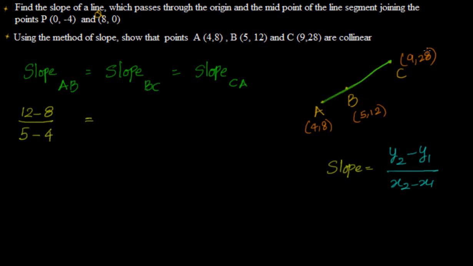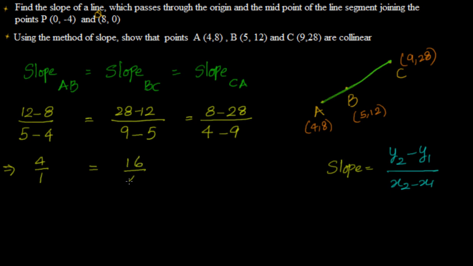Let's go to slope of BC. BC is 28 minus 12 divided by 9 minus 5. Slope of CA is 8 minus 28 divided by 4 minus 9. So let us simplify all of this. 4 by 1 equal to 16 by 4 equal to -20 by -5.